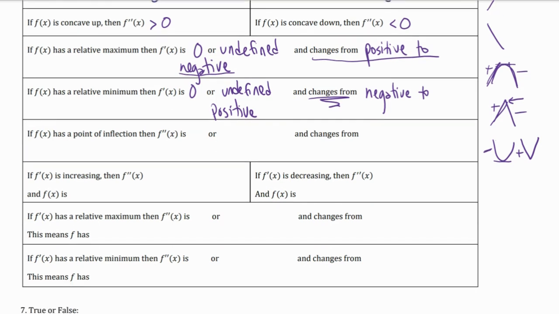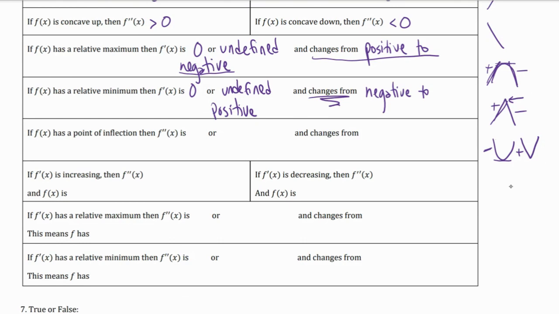All right, if f has a point of inflection, that means f double prime is 0 or undefined. So for example, you could have a concavity change like this, where your f double prime is 0.